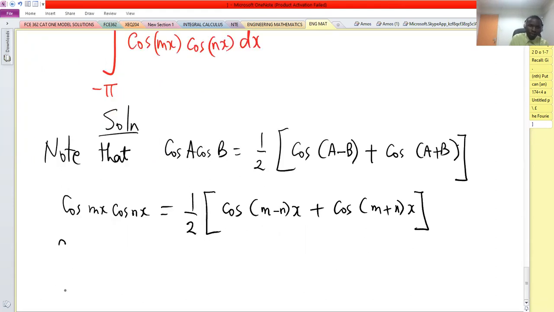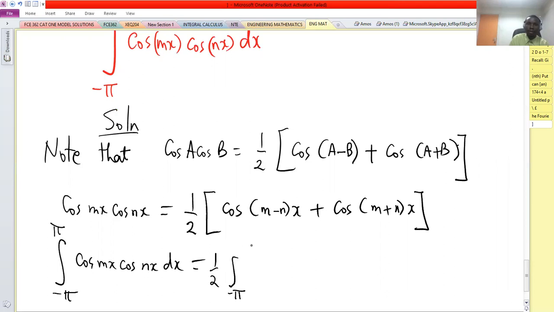So the integral from minus pi to pi of cos mx cos nx dx is the same as a half integral from minus pi to pi of cosine of (m minus n)x plus cosine of (m plus n)x dx.